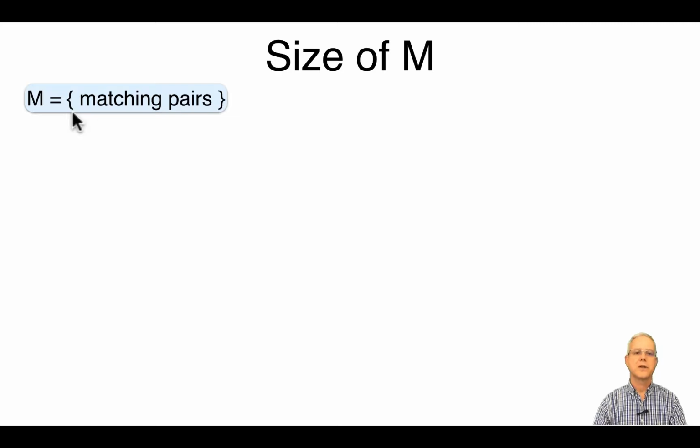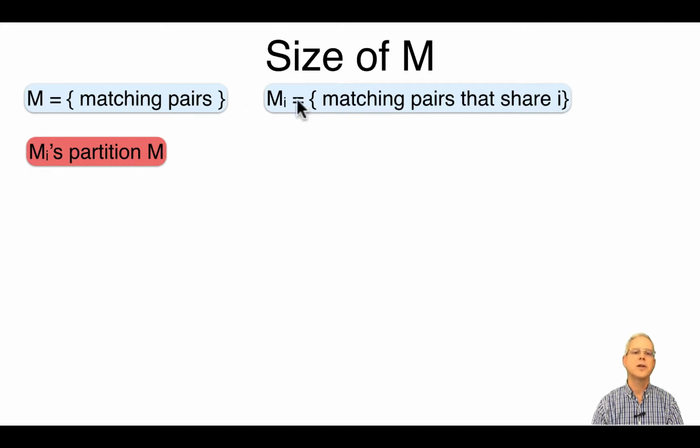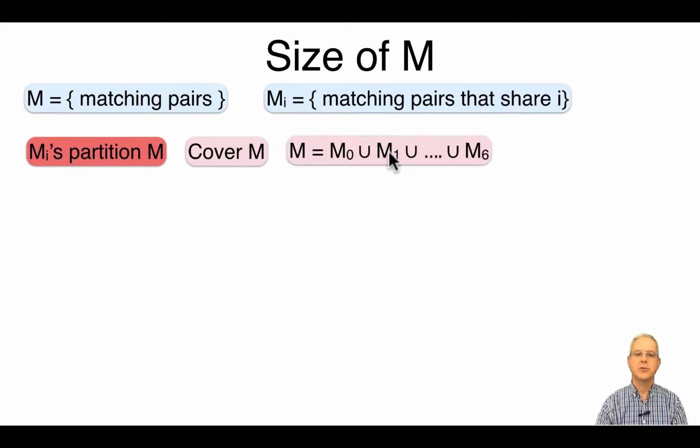So M, remember, is the collection of matching pairs, and Mi is the collection of matching pairs that share i, they have i in common, and we just saw that the Mi partition M. That means that they cover M, namely the union M0 up to M6, the union of those 7 sets, is M, and we also saw that they're disjoint, so they do not intersect.